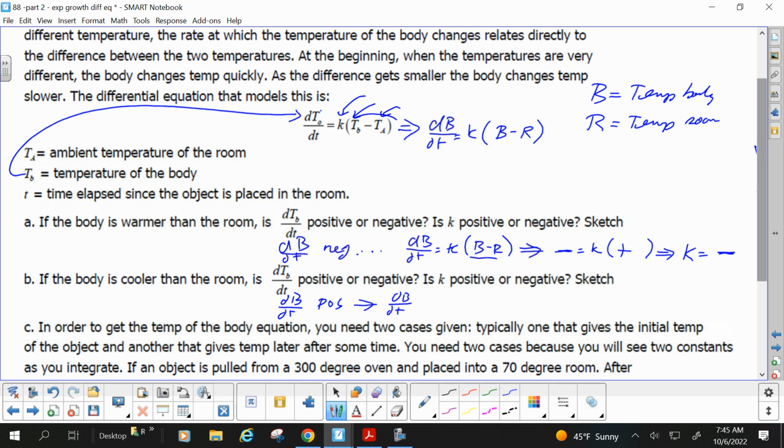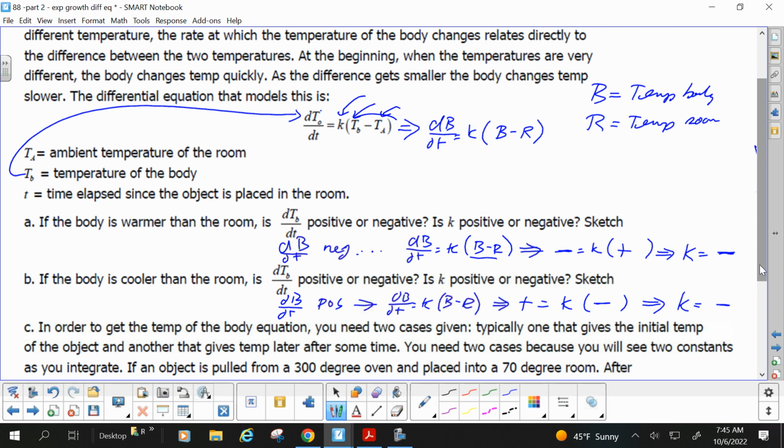If dB/dt is K times the body minus the room, and we say dB/dt is positive, what about B minus R? B is cooler than the room, so the body temperature is less than the room, and so body minus room is negative. It seems like in both cases, K is negative. So you can expect negative K when you do these problems.